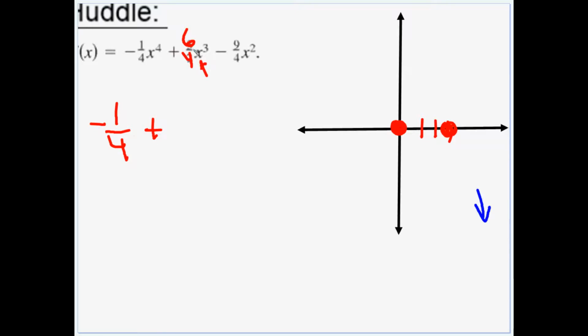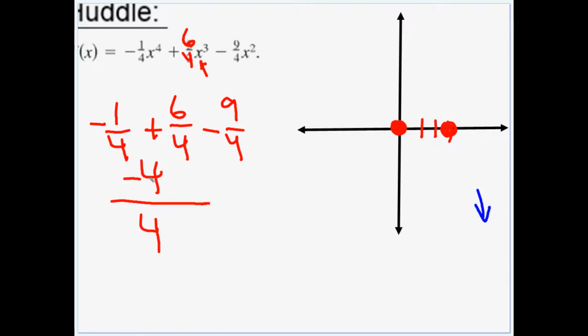Plus this x cubed will just turn into a 1, so we've got 6/4, and then minus, that'll also turn into a 1, 9/4. Common denominator's all there, so then it's negative 1 plus 6 is 5. 5 minus 9 is negative 4. Ooh, and that worked out nice. Divide that, you get negative 1. So over 1 down to negative 1, and that makes sense.